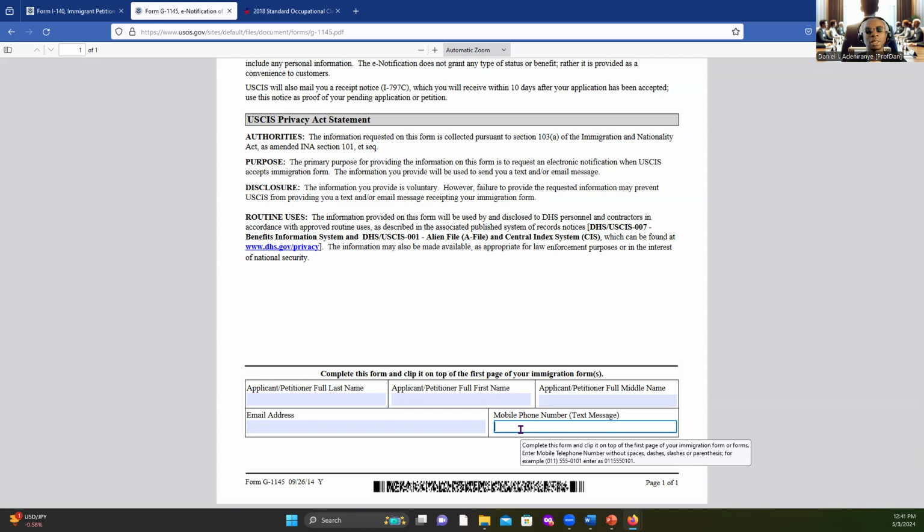In the case of email, sometimes it goes into your spam tab, so you can go through it and ensure that you see this outright even before receiving the mail. So you have confidence that, oh, my application has been received. And at times even the text message comes late, but it's good to fill it since you are not paying an extra fee for that.